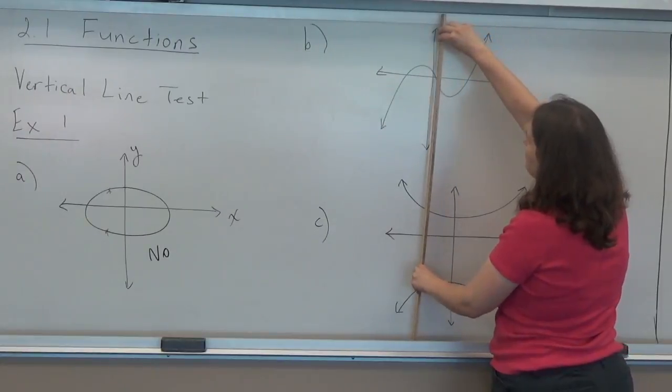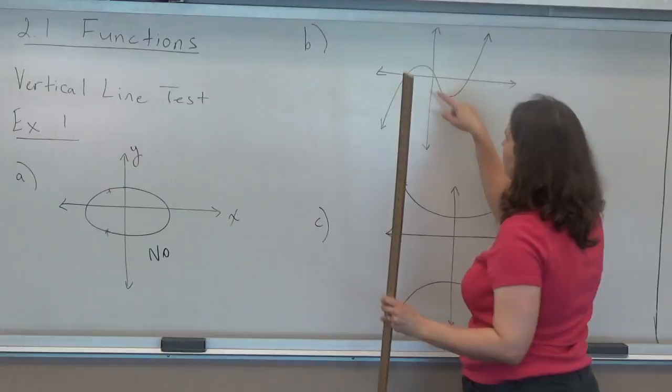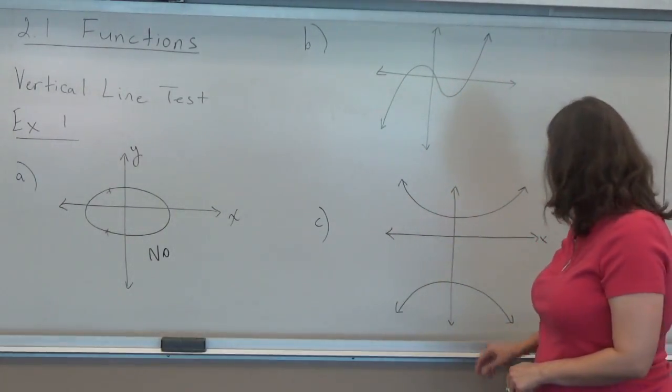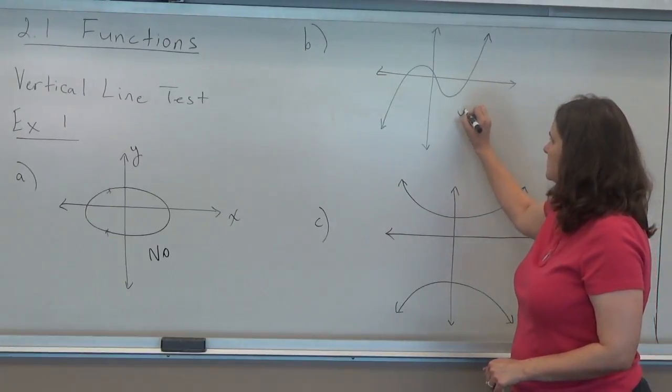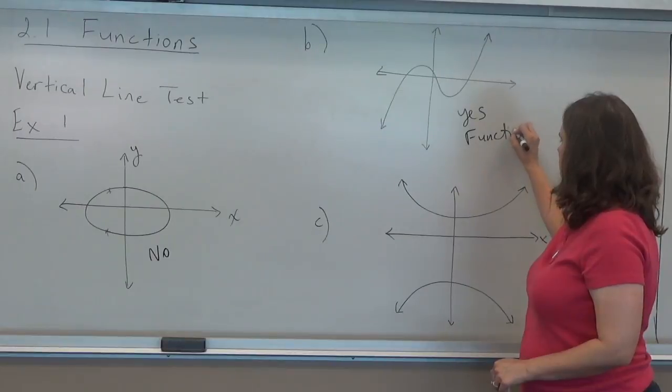No matter where I place it, it will always only touch this graph in one place. So this one passes the vertical line test. This graph is a function, so we'll say yes, it's a function.